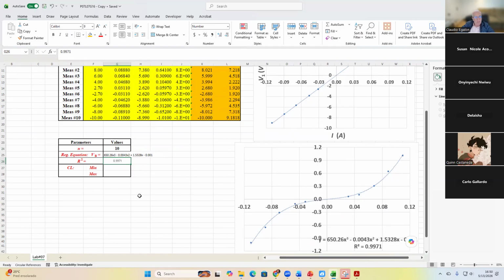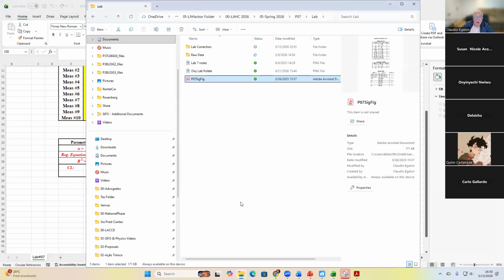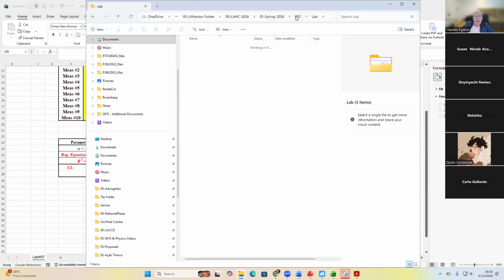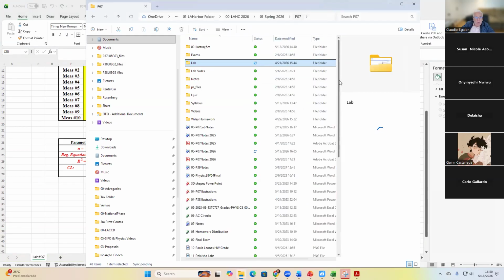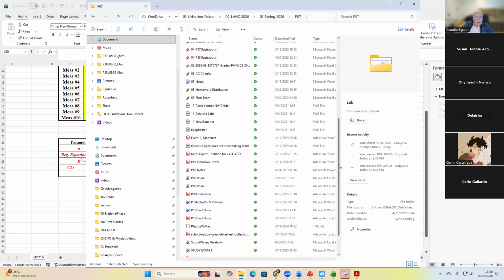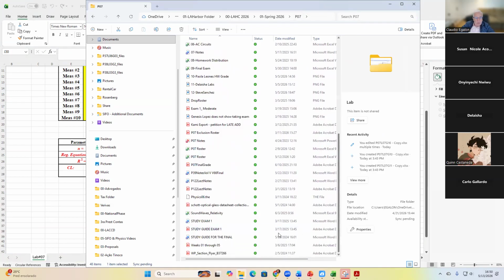To find the CL, with those two values, we go to this table of CL. Where is my table of CL? Confidence level. Where's my confidence level table?